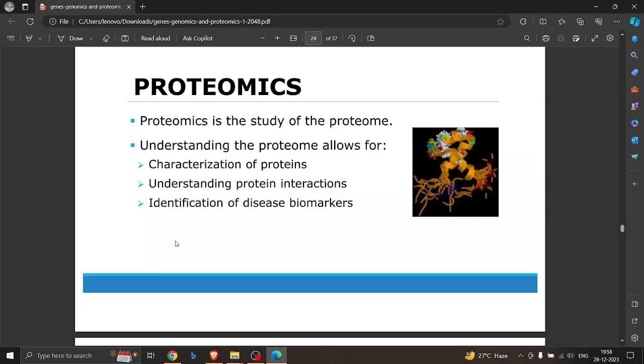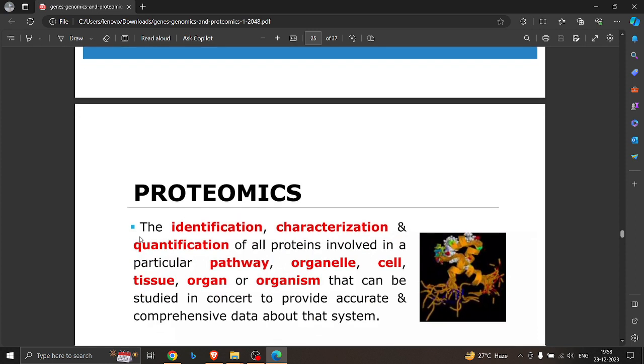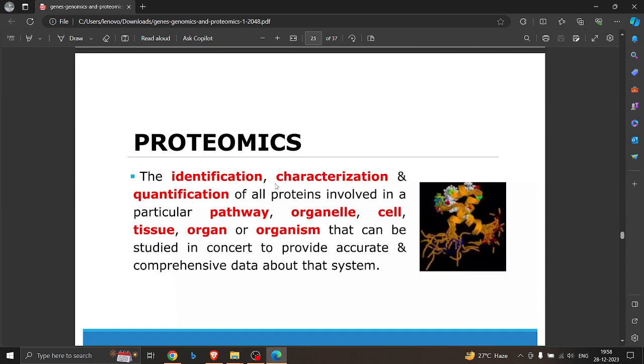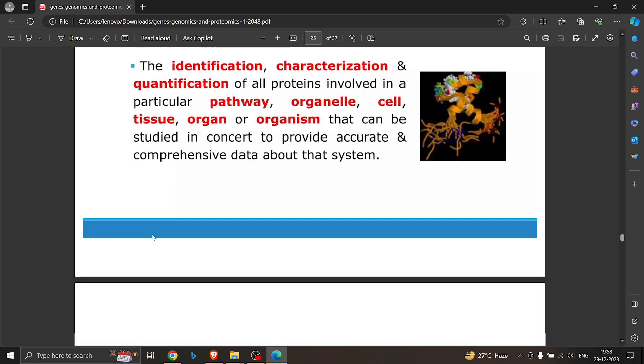The proteome allows for characterization of proteins, understanding protein interactions, and identification of disease biomarkers. So the identification, characterization, and quantification of all proteins involved in a particular pathway in a cell, tissue, organ, or organism can be studied by proteomics.